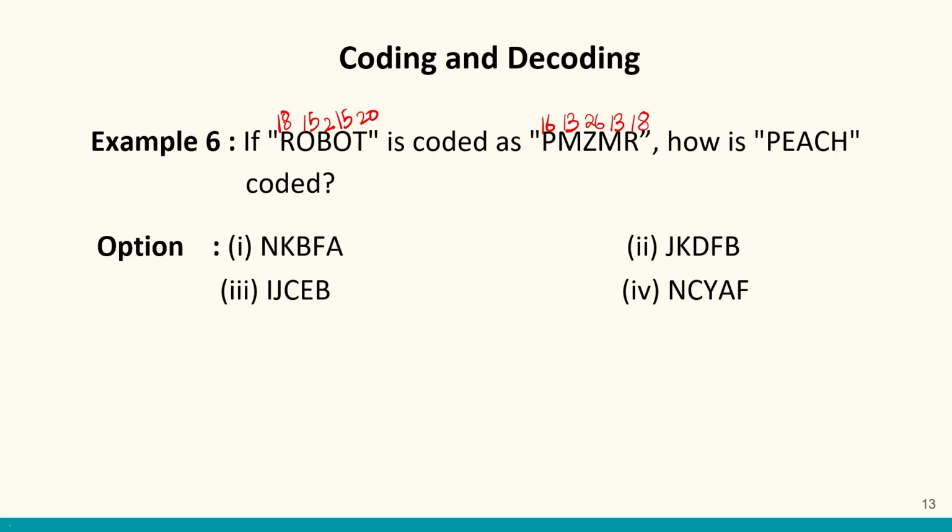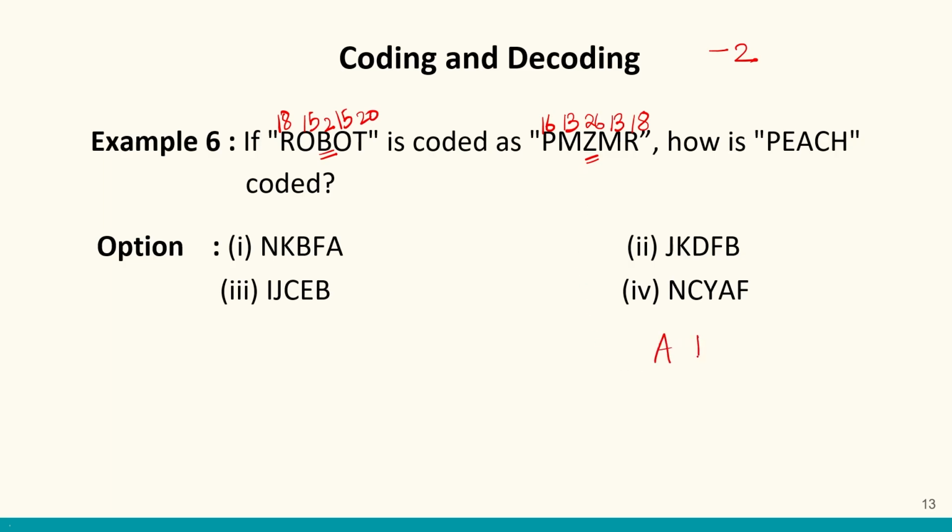From here I can say 18 to 16 it is moving 2 positions back. 15 to 13, 2 positions back. 20 to 18, 2 positions back. But here we have position 2 and here we have position 26. So here we use the concept of looping, as I told you.